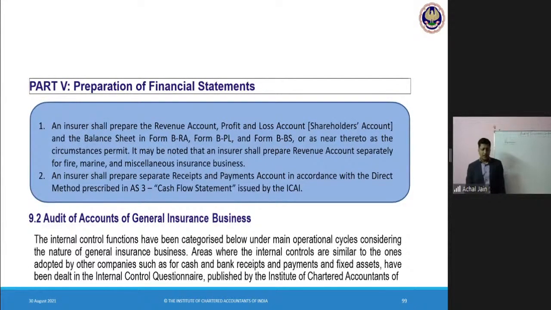You also need to start sharing your responses. Can you tell me, most of the audit procedures that we discussed in respect of premium in case of life insurance business, will those be different in case of general insurance business? Quickly, if you can let me know.